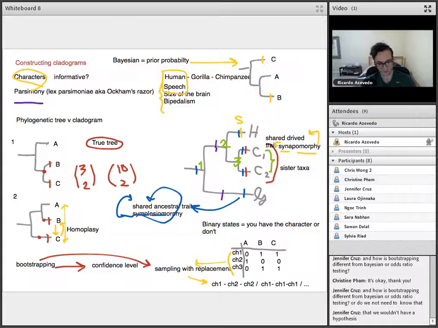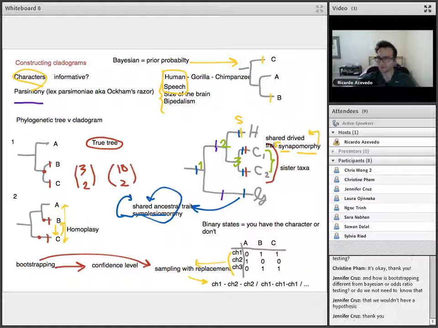So let's say we have this phylogenetic tree, or these three taxa. And we have traits associated with these different taxa. And we know for a fact that the reason B and C have the same character is because of parallel evolution.